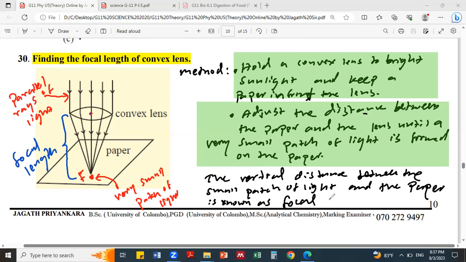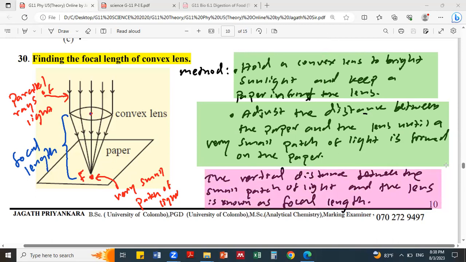Focal length. Is that clear? Sorry, not the paper, the lens. The vertical distance between the small patch of light and the lens is known as the focal length.